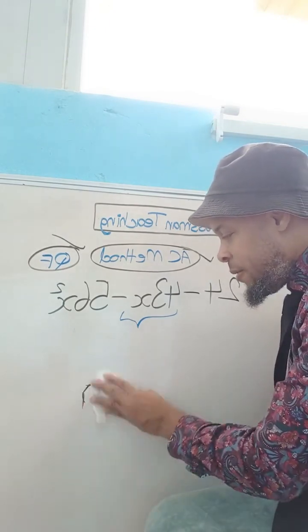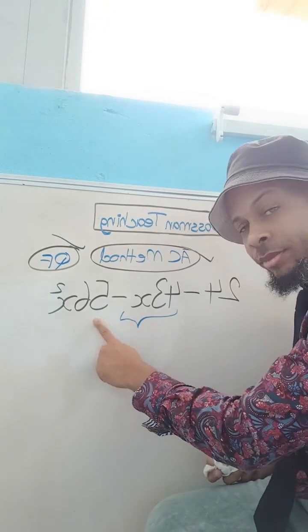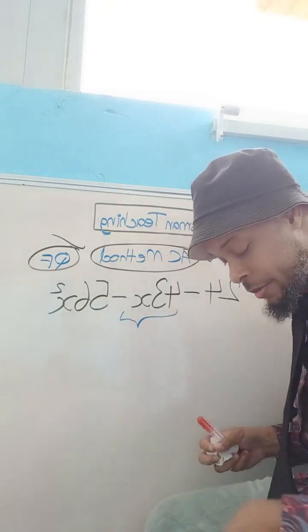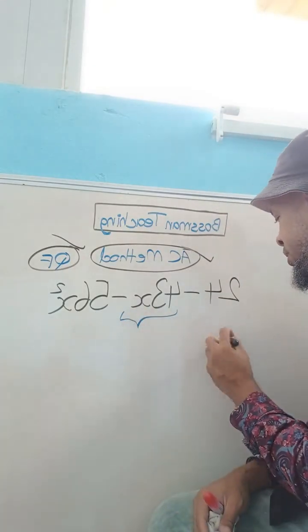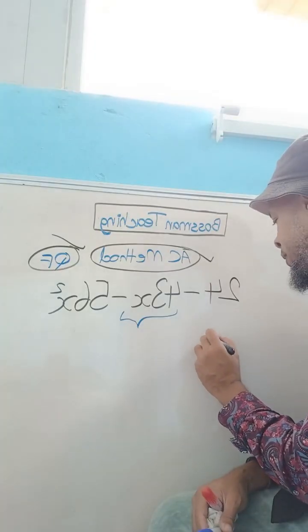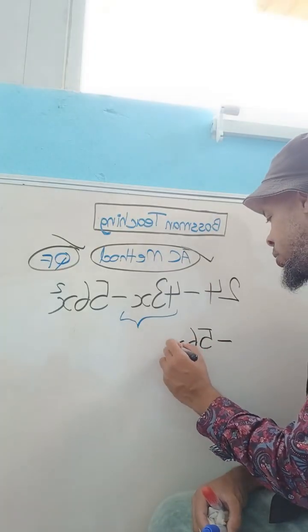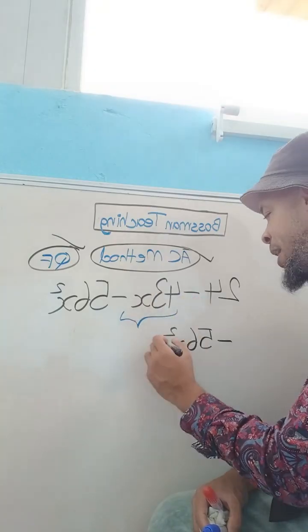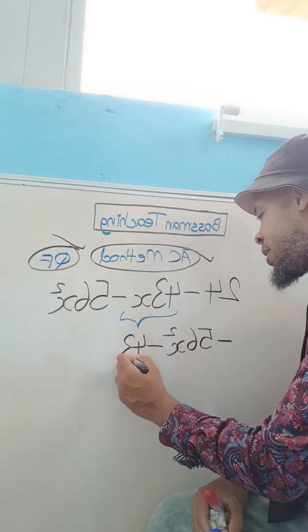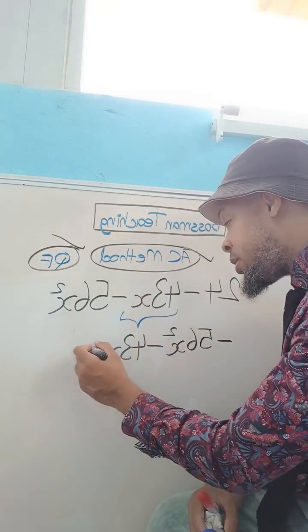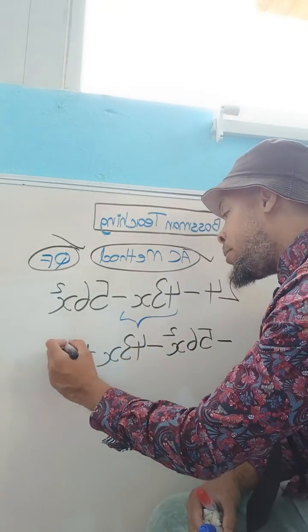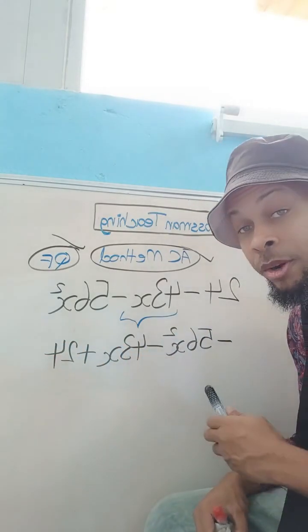Now, we're dealing with CTS, completing the square. So the first thing we have to do, the ax squared is over here. We're going to put it back this way. So we're going to call this minus 56x squared followed by minus 43x. Then this is a 24, but there's no sign in front of it. So it's a plus 24.